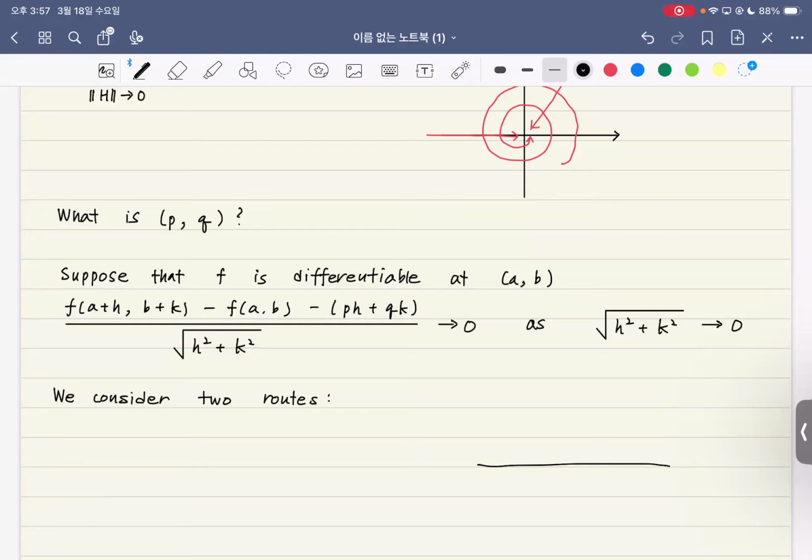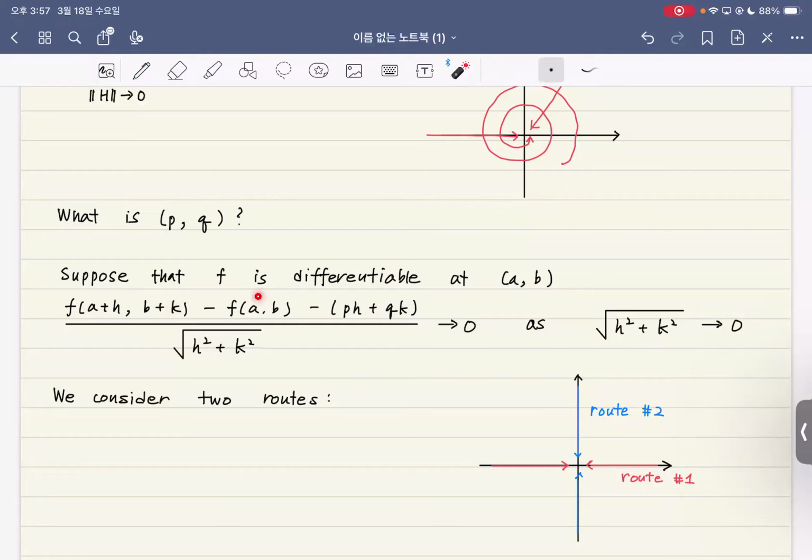The route number 1 is this direction, and the other direction is tending to 0 by following the y-axis, which I am going to call route number 2.